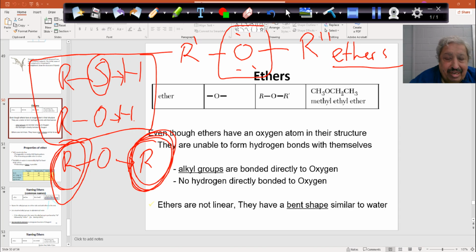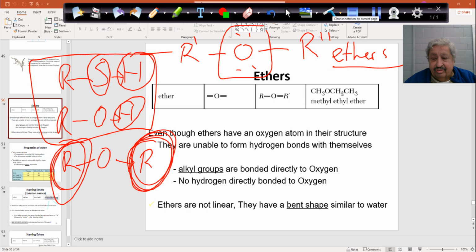So we can't expect ether to be as reactive as alcohol or thiols, because alcohol and thiols have a free hydrogen. It's easy for oxygen to move around, sulfur is easy to move around, and the reactivity will be high. So that's one of the reasons ethers are not reactive.